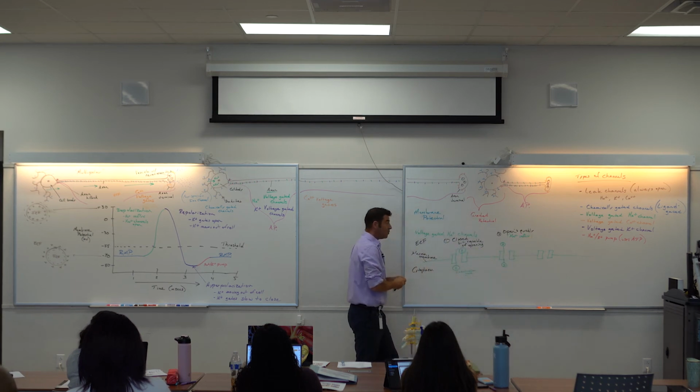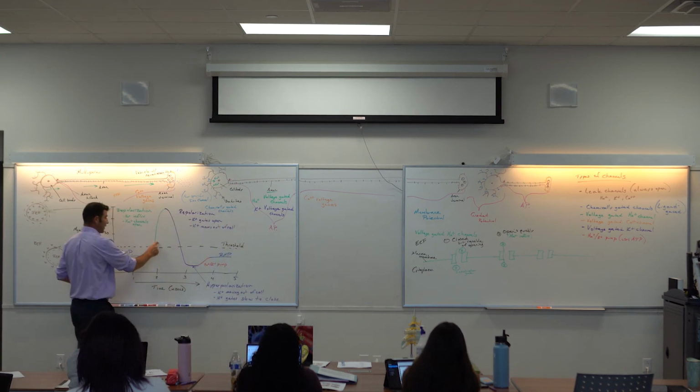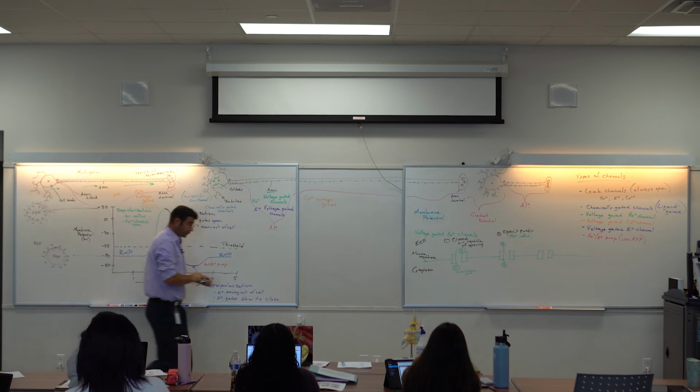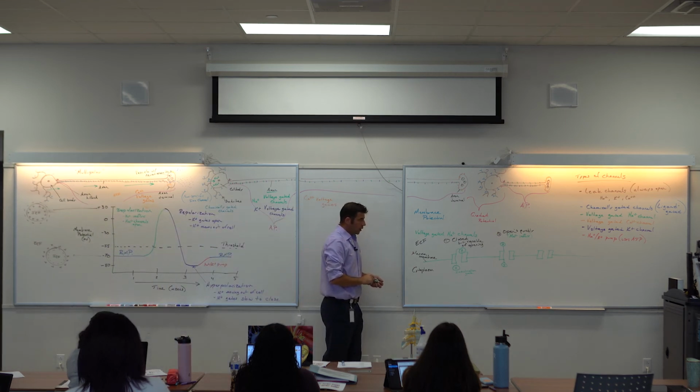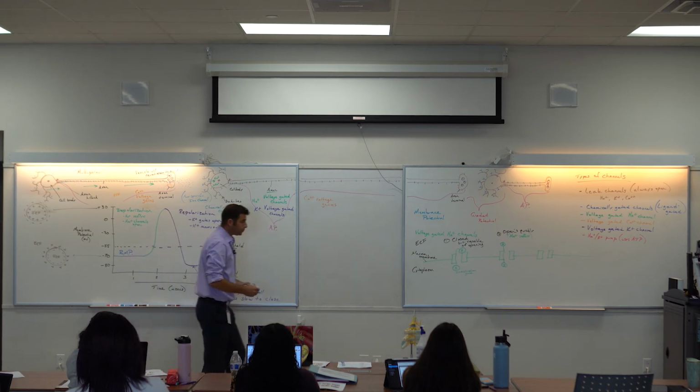Sodiums very quickly move into the cell. So many sodium ions are going to rush into this cell, we're going to see that it becomes very quickly positively charged on the inside. Let's just go ahead and add those on there, since I'm talking about them.